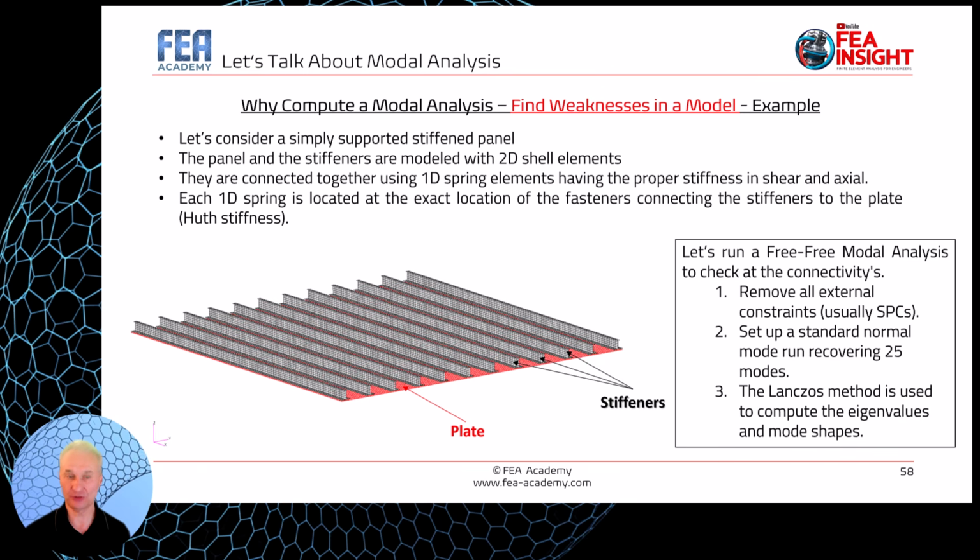For that, we're going to remove all the external constraints, usually the single point constraints or SPCs, which usually restrain a model in order to remove all the rigid body motion. In that case, we remove them. We set up a standard normal mode analysis, and we recover 25 modes using the Lanczos method to compute the associated eigenvalues and mode shapes.